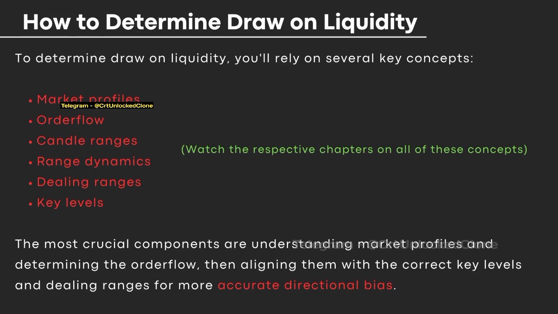And we'll use candle range theory, CRT, or simply candle ranges, and combine it with the first two concepts and then integrate them with each other, and then it'll assist us in determining our major drawn liquidity. And then last but not least, we'll use range dynamics, dealing ranges, and key levels, or specifically higher time frame key levels, to help us anticipate or determine our drawn liquidity.